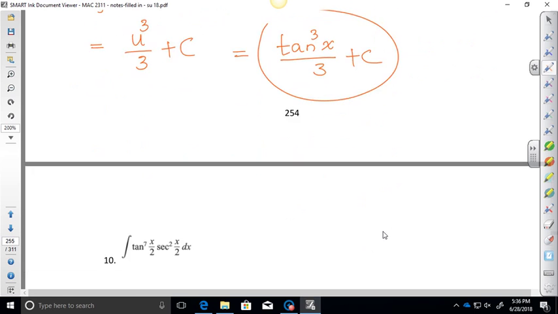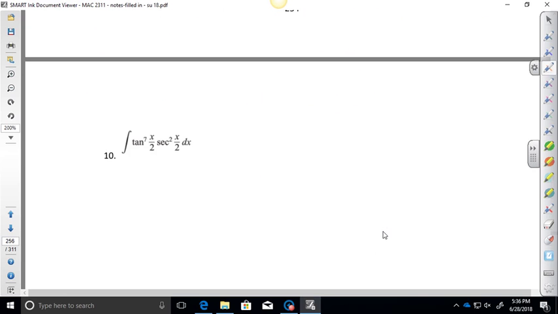You use the correct substitution. Same thing here. We're going to take tan x over 2 as u. Because the derivative of tan is secant squared, which is there. That's the reason we take u as tan x over 2. We cannot take sec x over 2 as u.